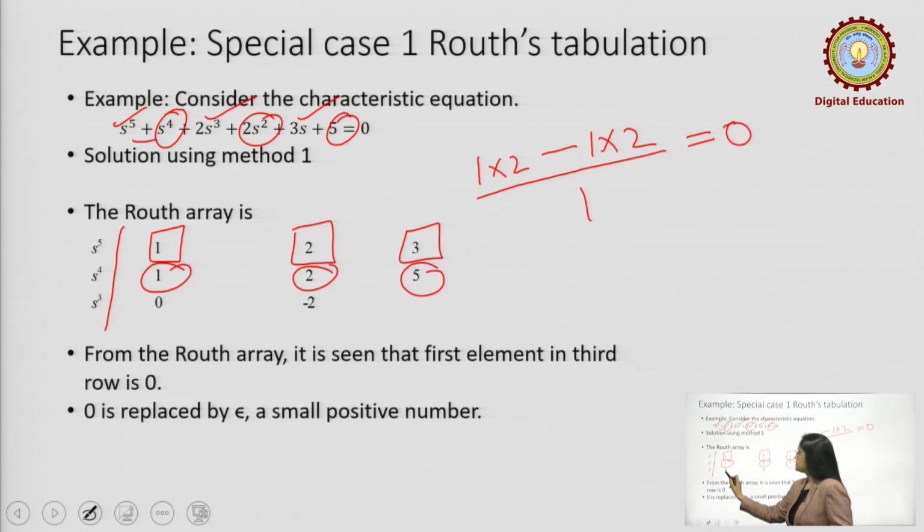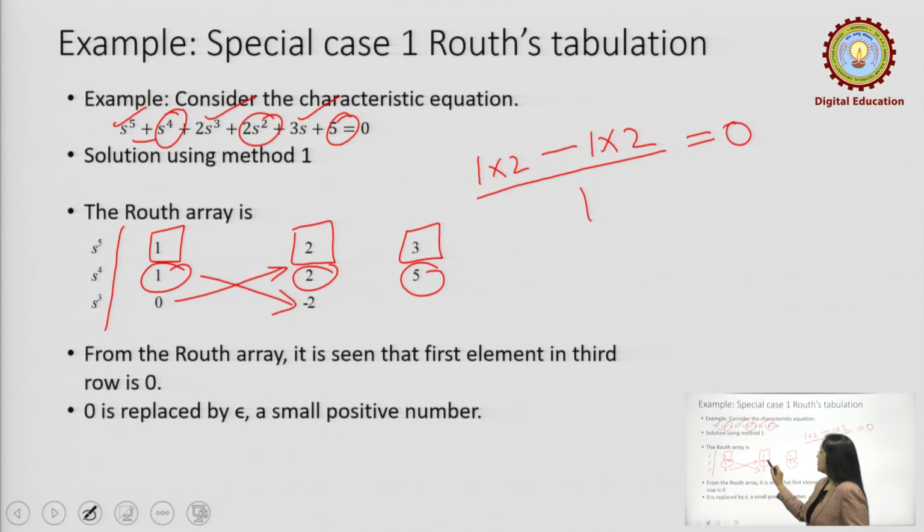Now, when there is a 0 term here, what happens to the next term? For example, if we use this 0 into 2 minus this value upon 0, then it is infinite, we get infinity. So, we cannot go ahead with the formation of Routh's tabulation.